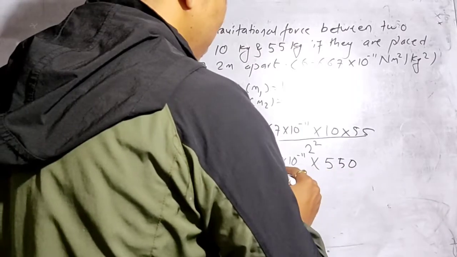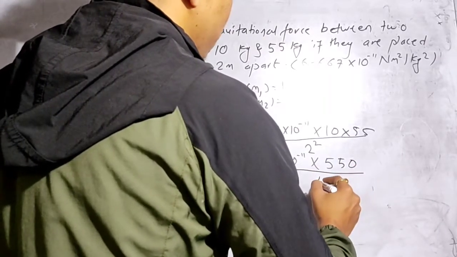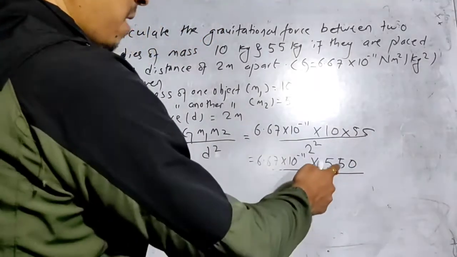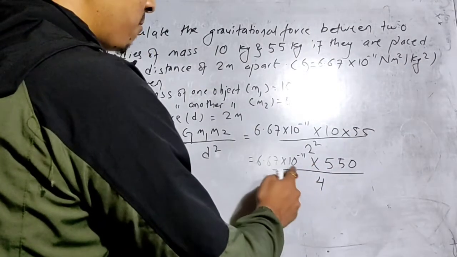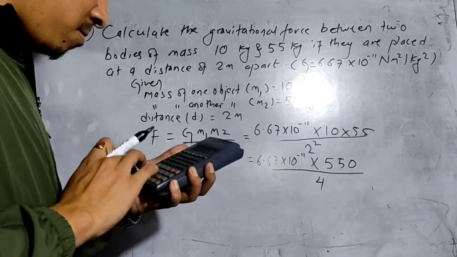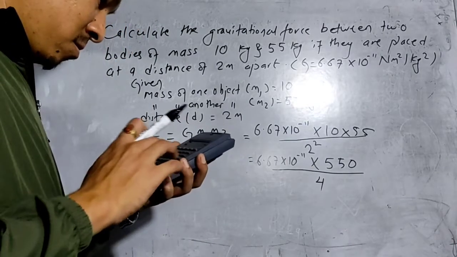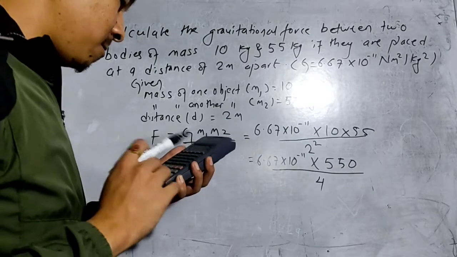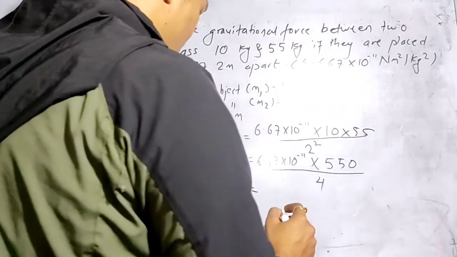Now divide by the square of 2, that is 4. Now simply you can divide 550 by 4 and multiply by this value. Let's do that. 550 divided by 4 is 137.5.